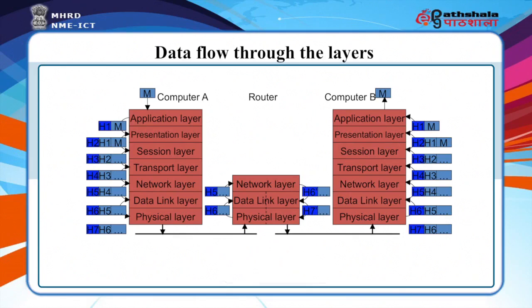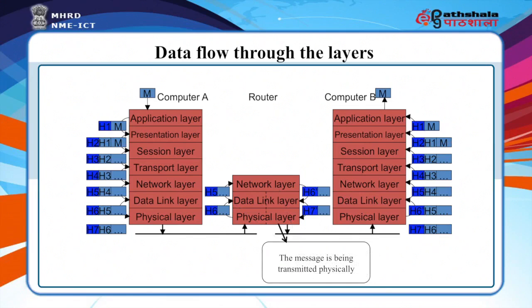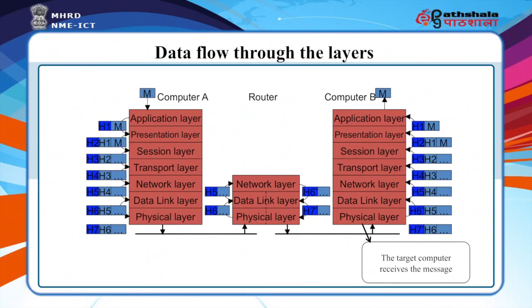Now the network equipment works with three layers, physical, data link, and network, so that routing will be handled. The router receives the message on this end and decides where to send it by checking the header information. It understands that B is connected on a particular port, and sends it there.